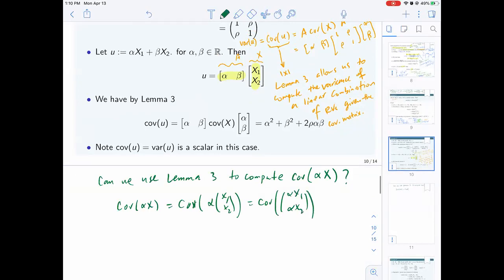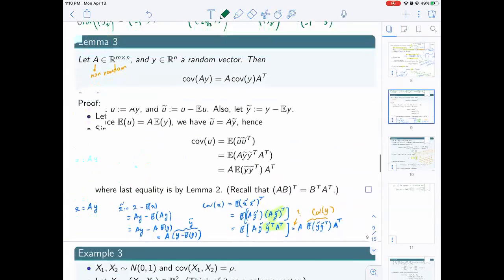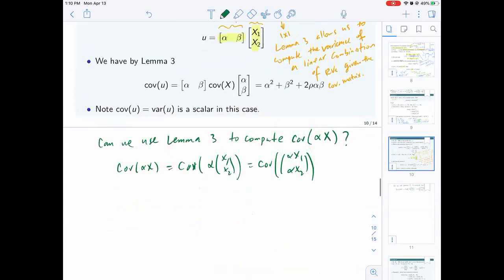Can I use this lemma to also compute that? Anyone? Yes? Is that a yes?